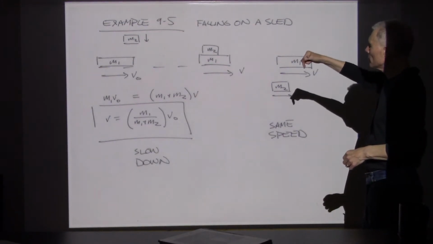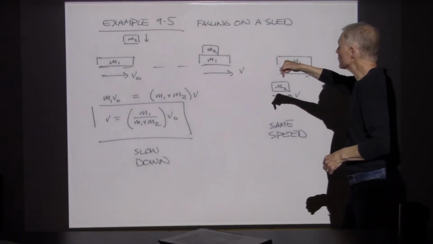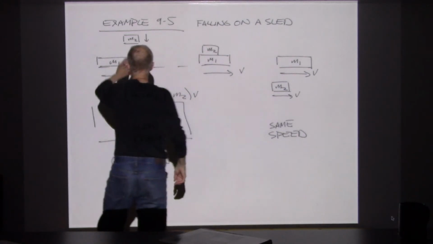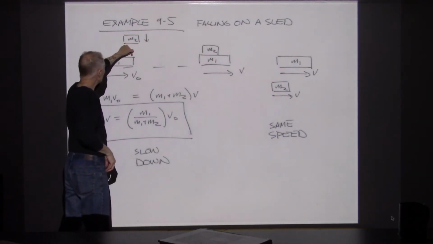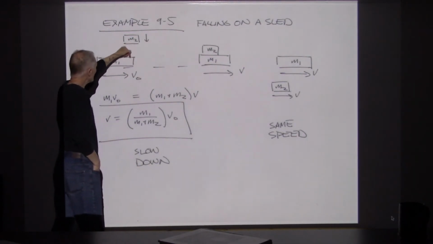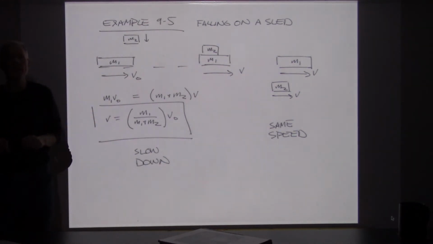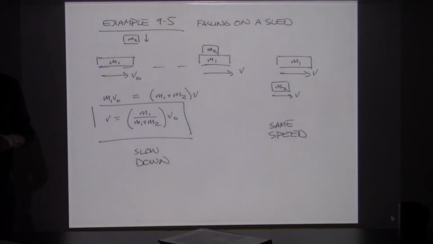Susan's falling from up above. Now, it's true that when Susan hits, she has a lot of momentum in this direction. But what happens to the downward momentum? Because she hits the sled, that momentum transfers into the ground, into the planet.